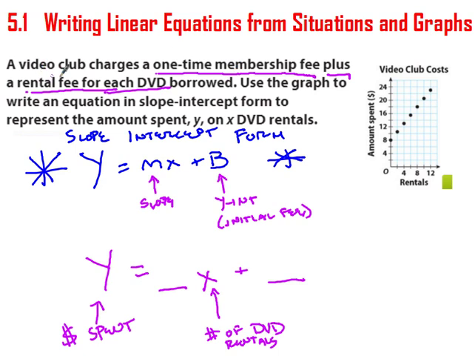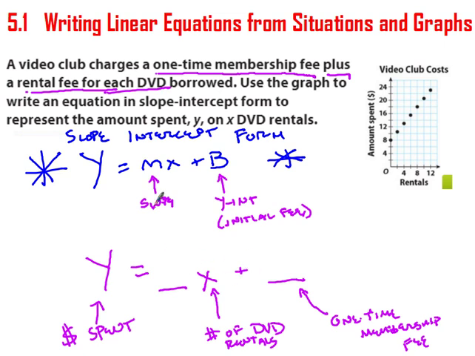So notice how I underline these certain values here. A video club charges a one-time membership fee. I think that one-time membership fee is going to be my y-intercept. Okay, so my y-intercept is the one-time membership fee plus a rental fee.